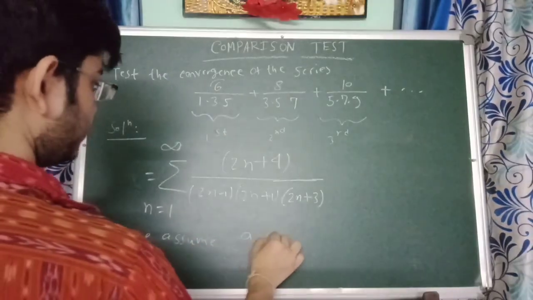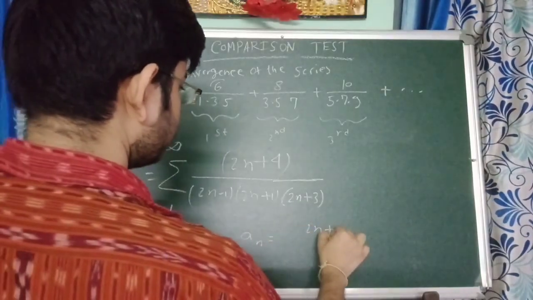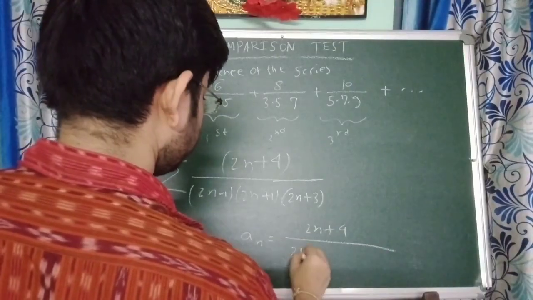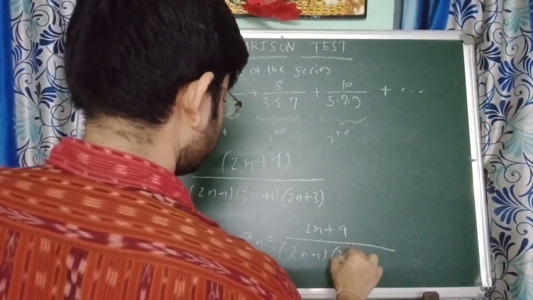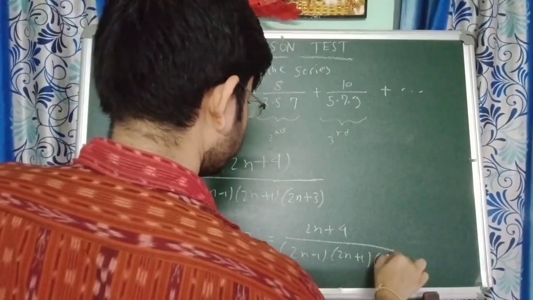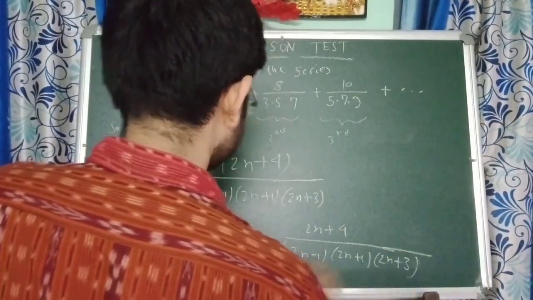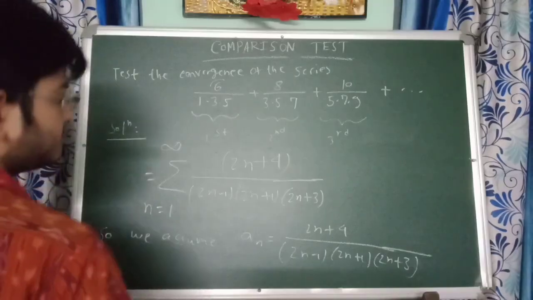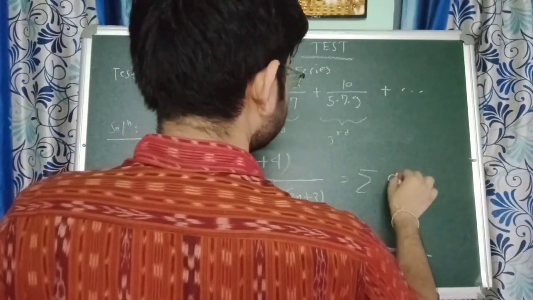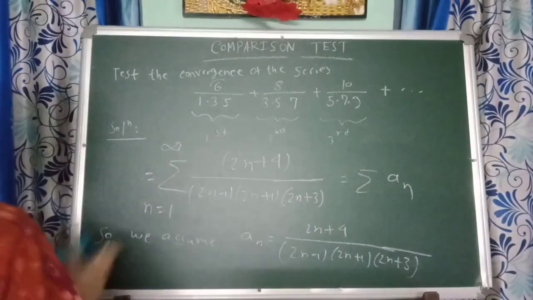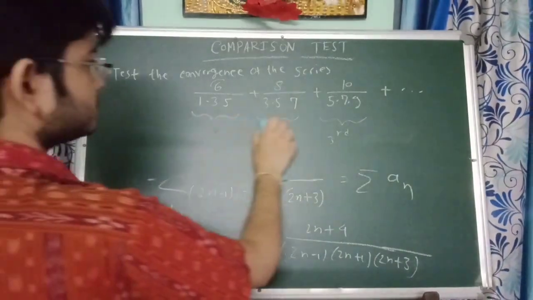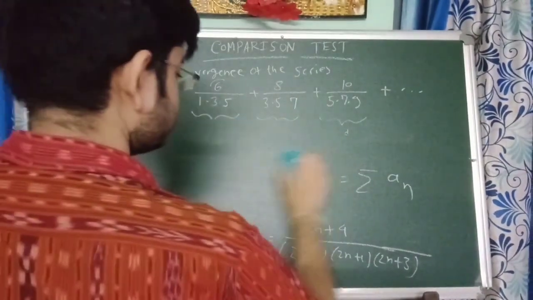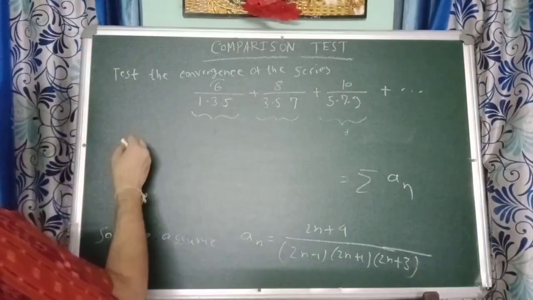So we assume an equals 2n plus 4 divided by 2n minus 1, 2n plus 1 and 2n plus 3. So the given series also can be written as summation of an. Now we choose bn.